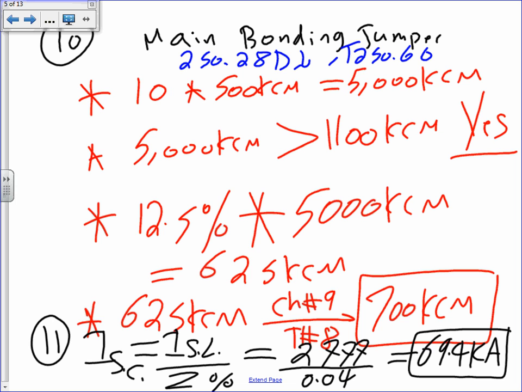Why this is important: the fuse that you guys just picked has to be rated to handle 69,000 amps. So the next standard, they go 65. The typical next standard is 85,000. So it's a lot of short circuit amps, as you can see.